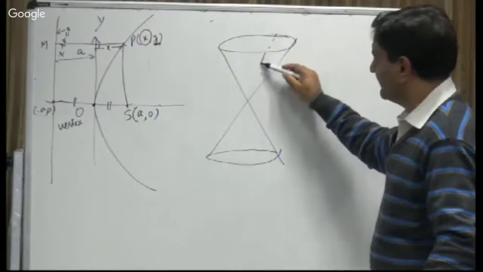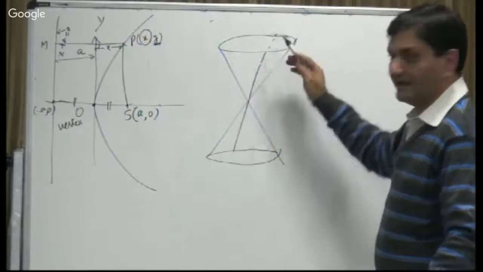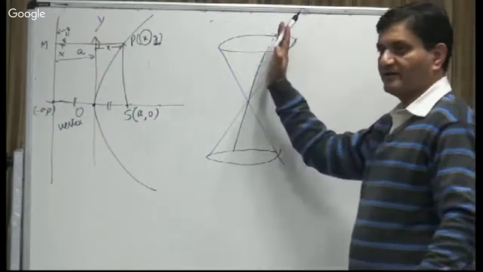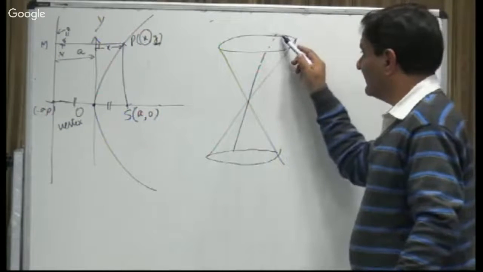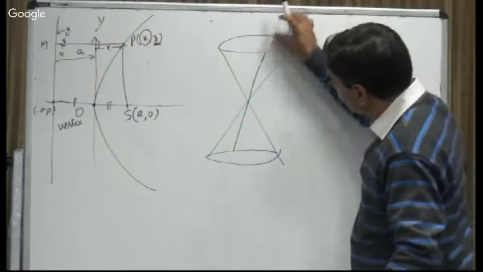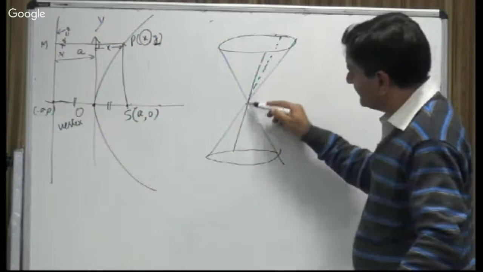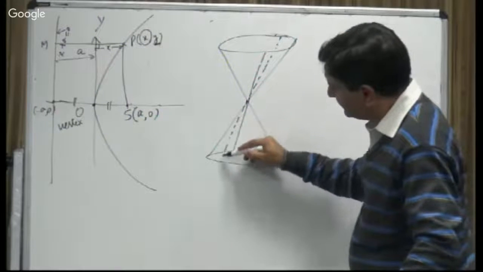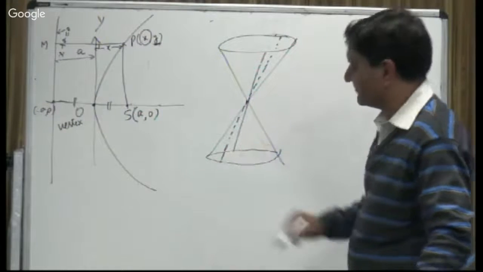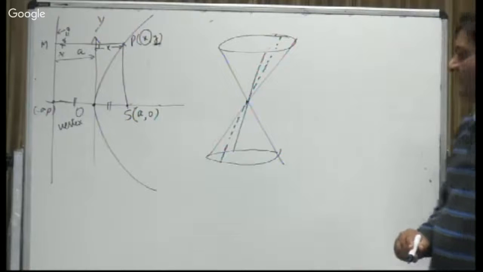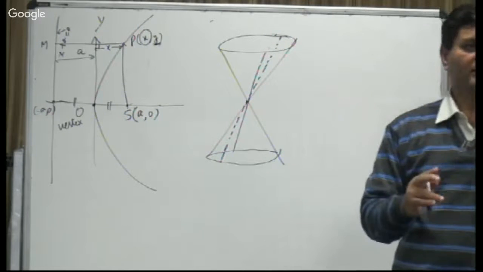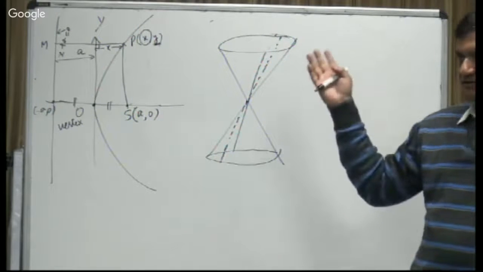So you will have one line in this form, and if the plane is inclined like this, the other line will be on that side. It will also pass through this point, and it will be like this. You're getting my point? So there will be two lines, not one. So a pair of straight lines is also a conic section.